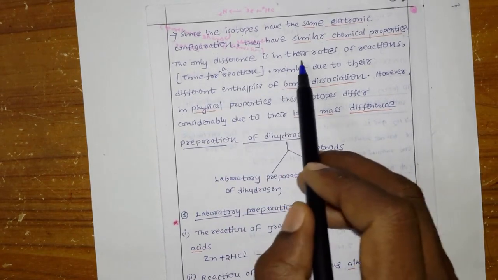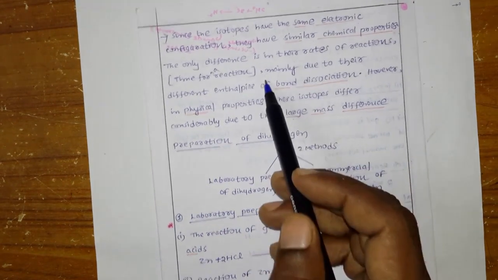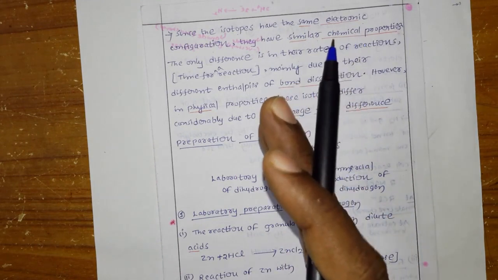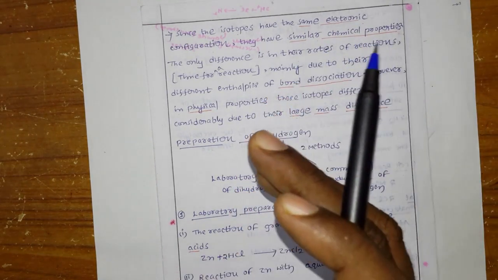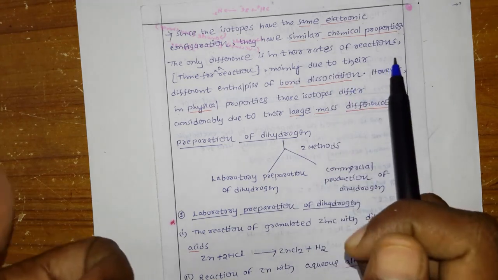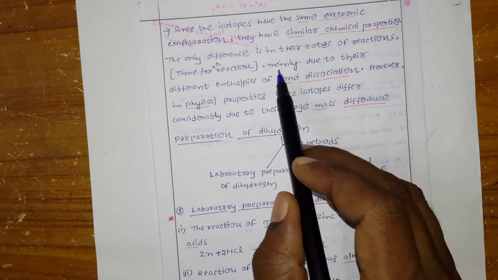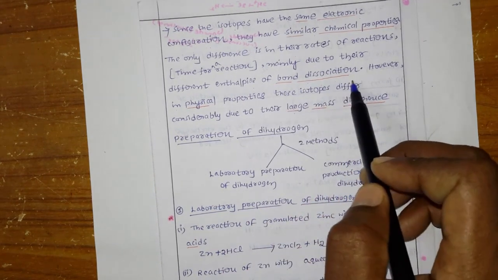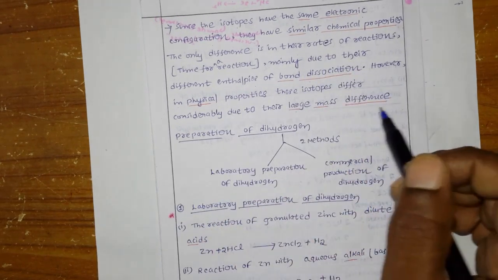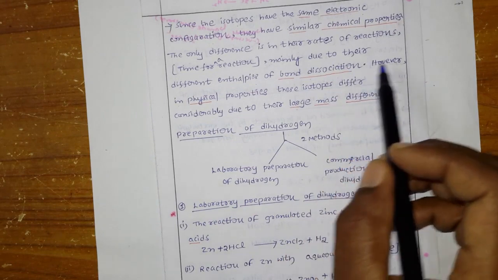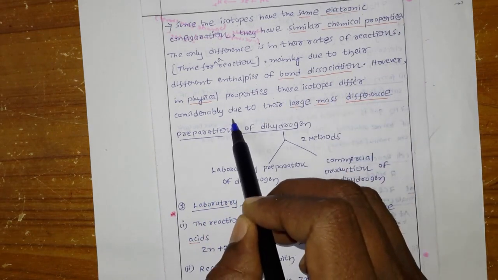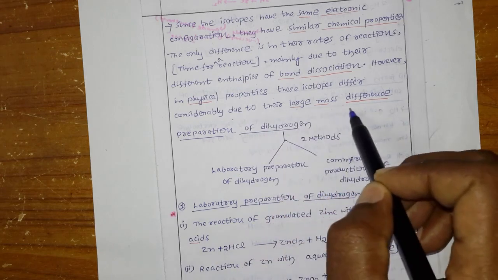The only difference is the rate of reactions, that means how much completion happens in a particular time. That is due to their different enthalpies of bond dissociation, which you will learn later, don't worry.